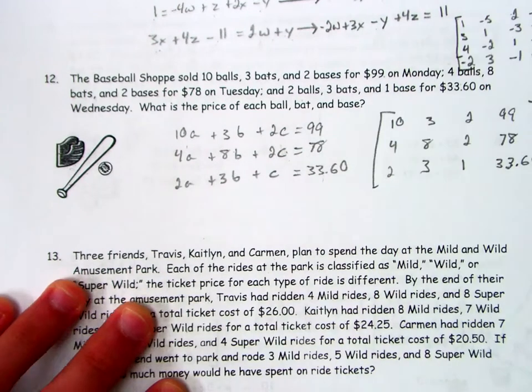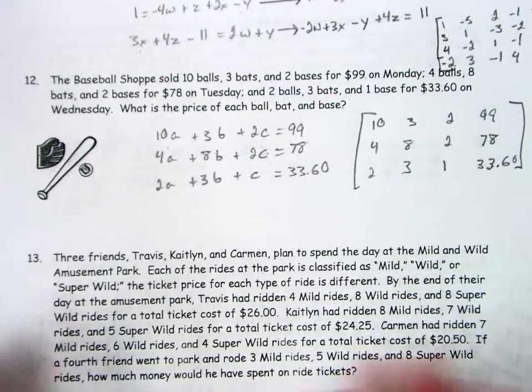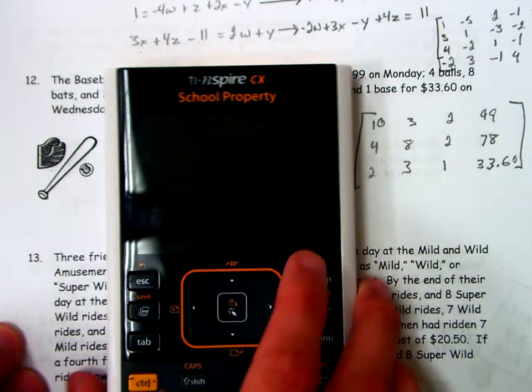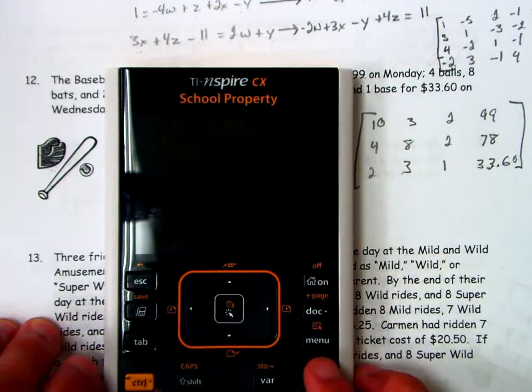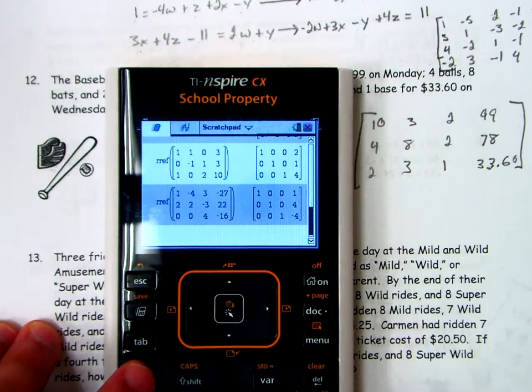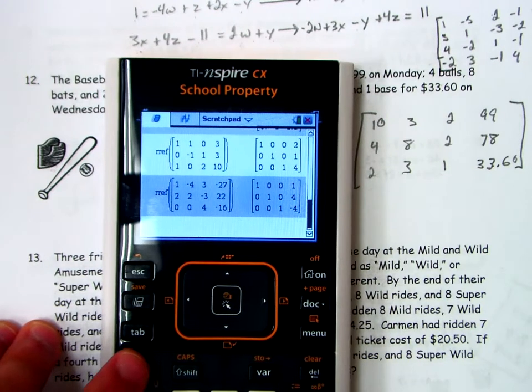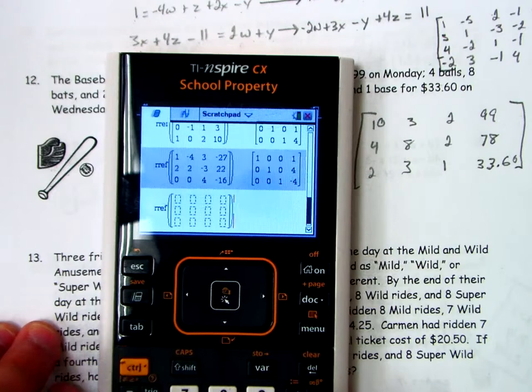So if I'm going to solve this using my matrix, I need to make sure they're all in order. So we got A's, B's, C's, equal signs, and numbers on the other side. Great. So it's ready to go. I don't have any rearranging that I have to do.